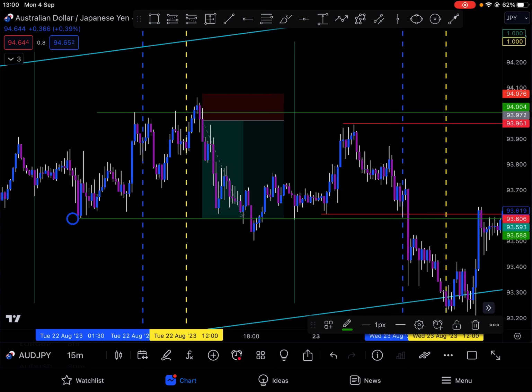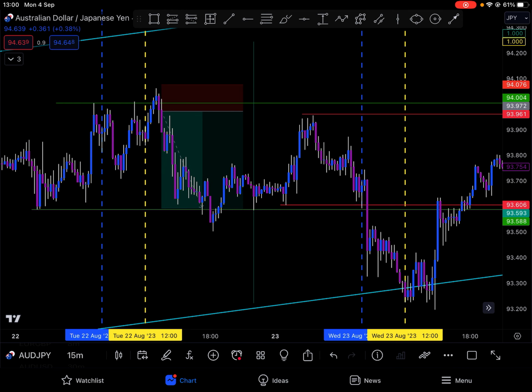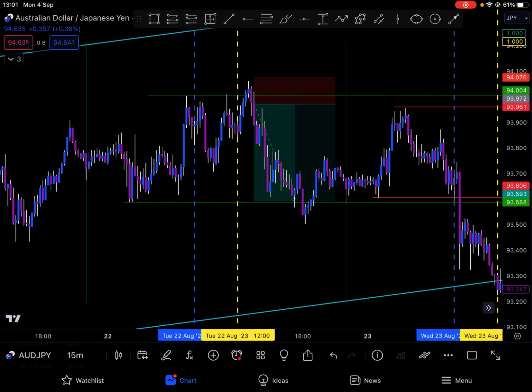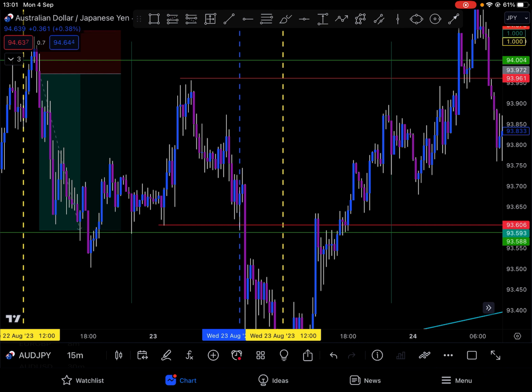These green horizontal rays, the top one is the high of the previous day's Asian session, and the bottom one is the low of the Asian session for the previous day, for Tuesday. I just want to differentiate because I don't want you to get confused, because I have the red one here and the red one there, which is for Wednesday.